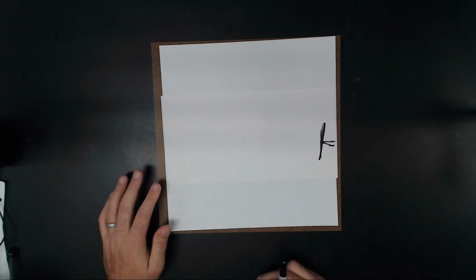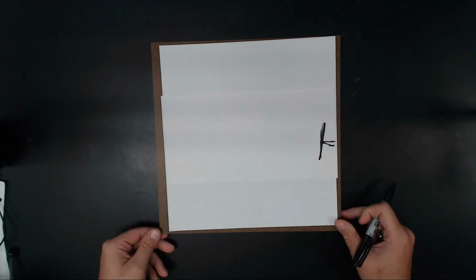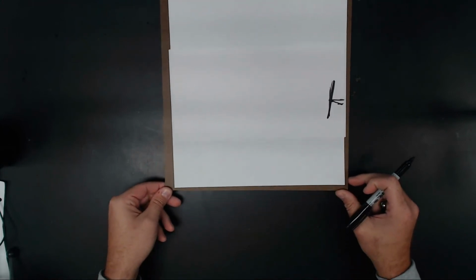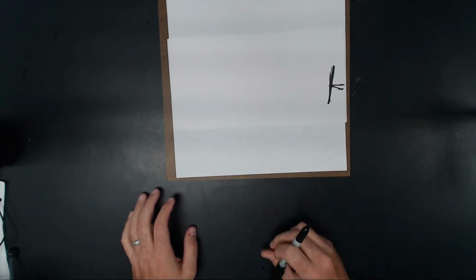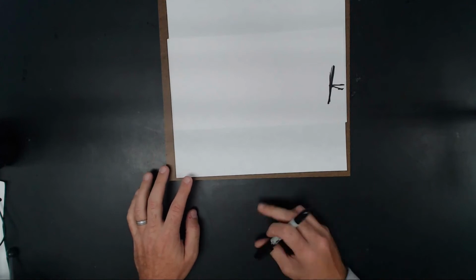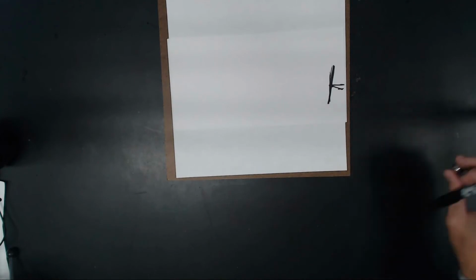Okay, so let's go on the bottom here. I'm going to move this up so that we can focus on the bottom. I'm going to do the same sort of thing. Woo! That one was telling because it bounced off and went over.